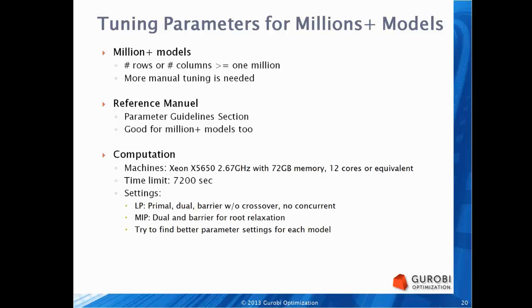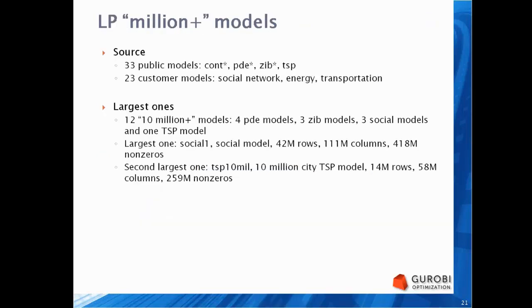Let's first talk about bigger LP models. Source: we were able to get 33 public models, for example from the Mittelmann website or other sites. You can find models like Count, PDE, Zip, TSP. We also get models from customers.